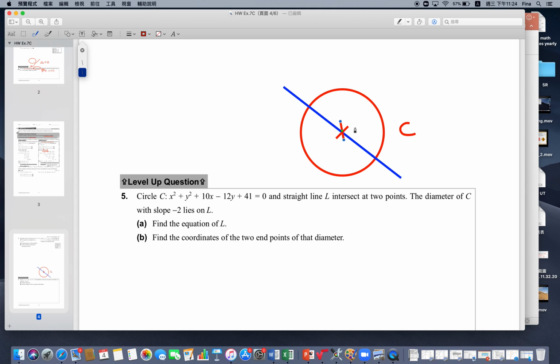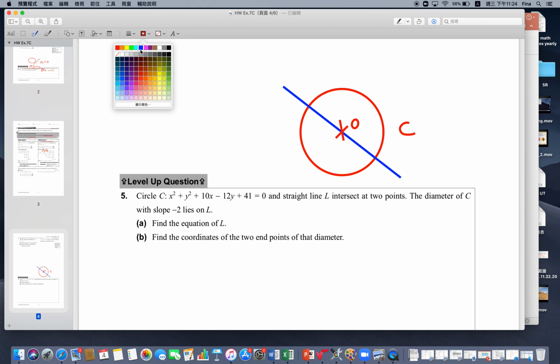Here is the center. I may mark the center as O. The center of C should lie on the line L, and I mark this line segment as L, and the diameter of C has slope -2.